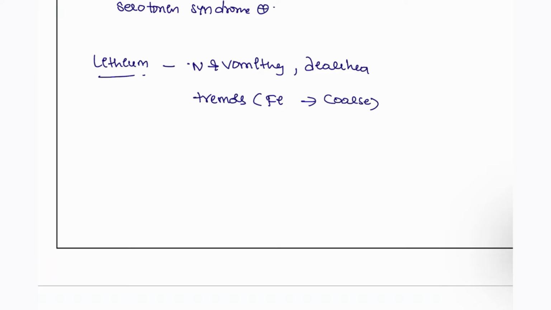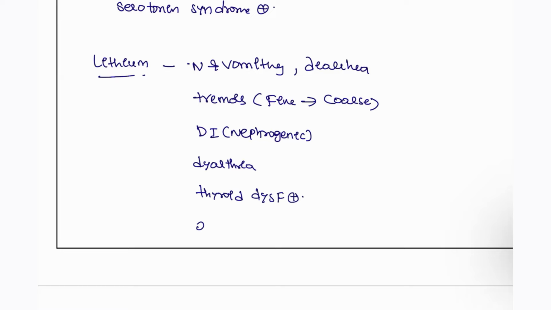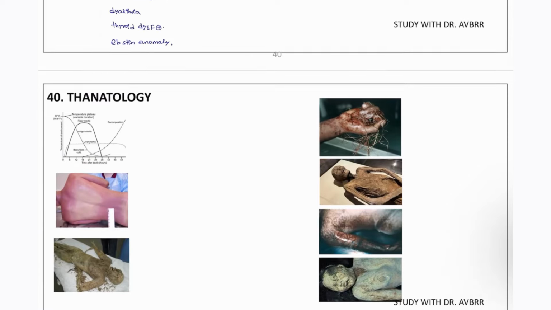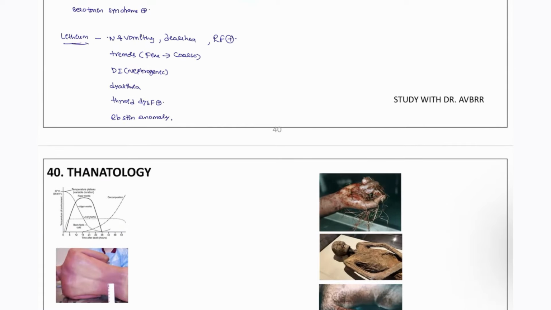There will be nephrogenic diabetes insipidus, dysarthria, and thyroid dysfunction. If the mother is taking it, Ebstein anomaly will be seen in the baby. It can even cause renal failure, which needs hemodialysis. Those are the features in patients suffering from lithium toxicity.